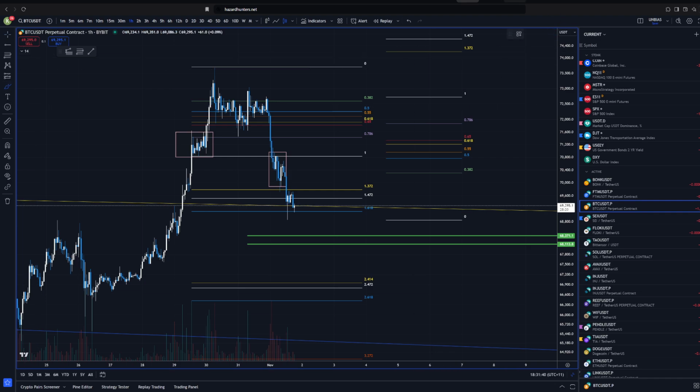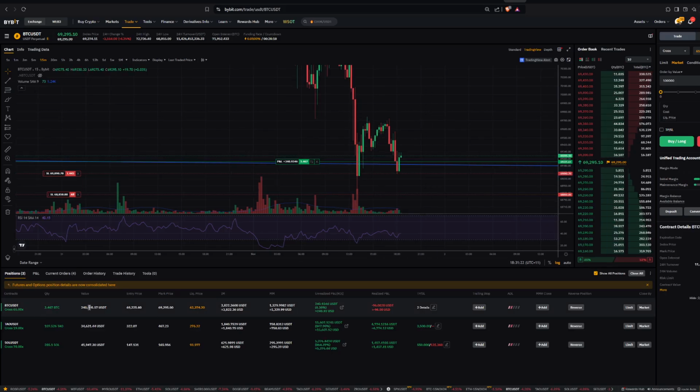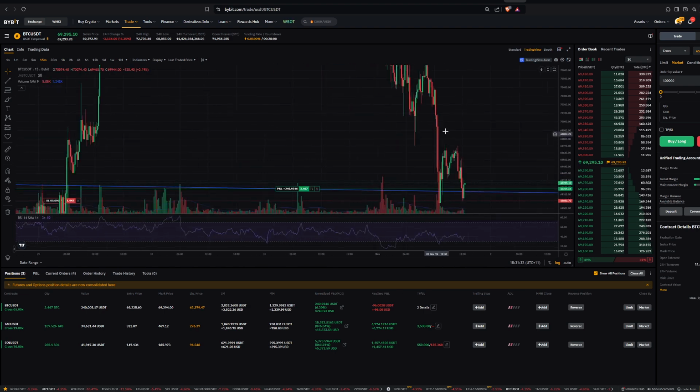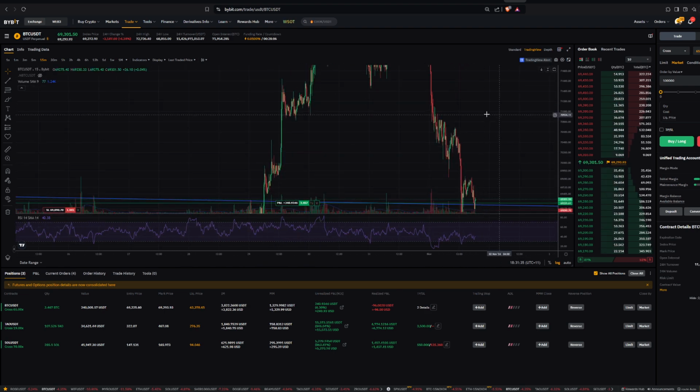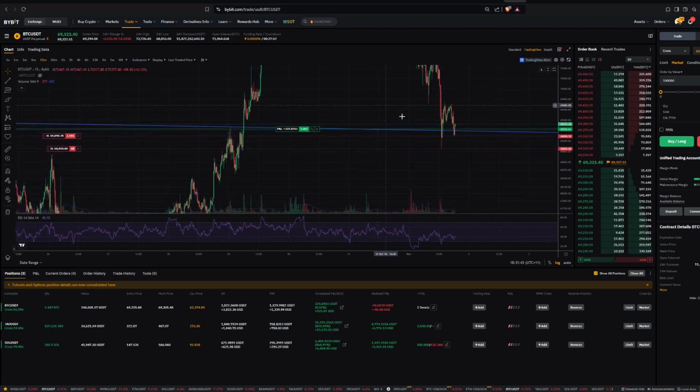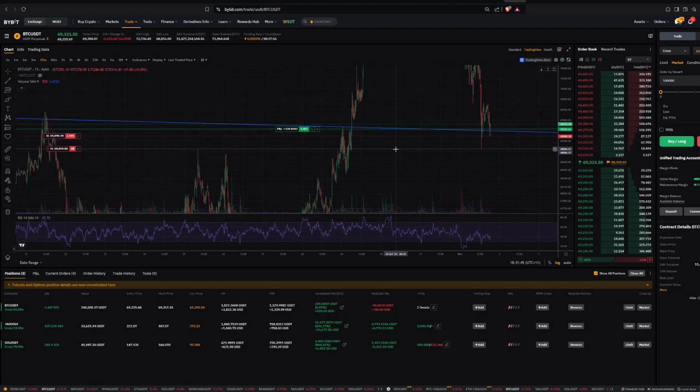As you can see from my position, I've sized in around 140k, and then as it's dipped, I pushed in another 100k. So maybe I take off the 100k of size once it gets to that zero-ish region, and that will be around 2.6k in profit. And I can move my absolute stop lower at the same risk.